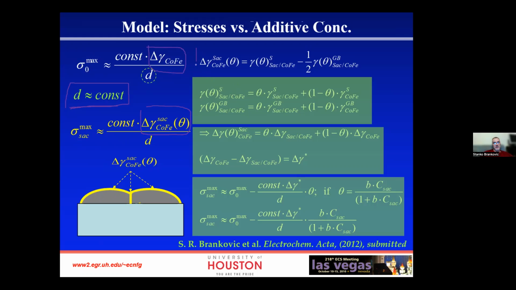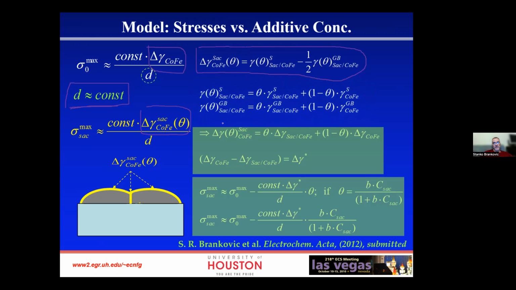Now, elaborating and expanding this delta gamma as a function of saccharin coverage, as we discussed in the previous case, what we can write now conveniently, using what is called the mean field approach, is that each of these terms I can express as theta times the surface energy of the cobalt iron film covered with 100% saccharin, right?